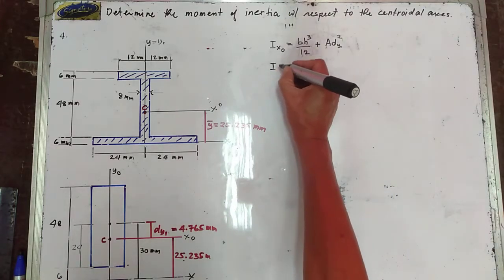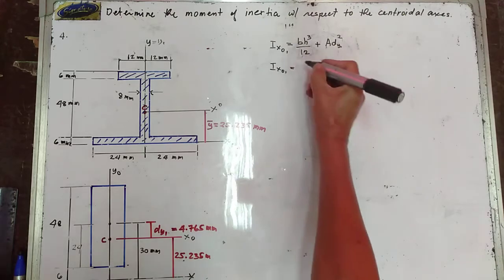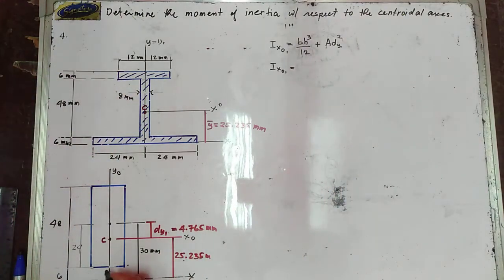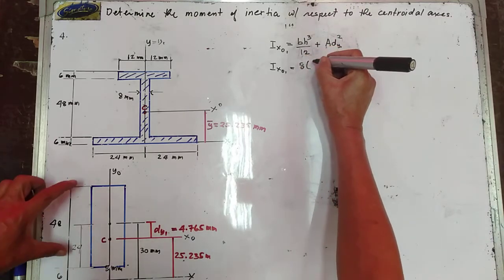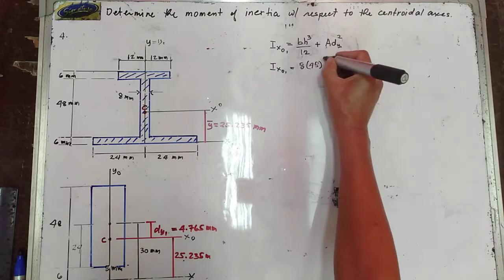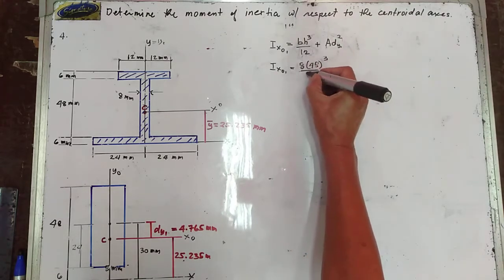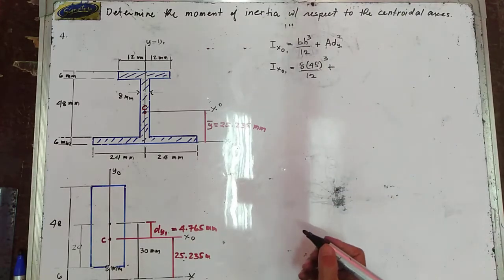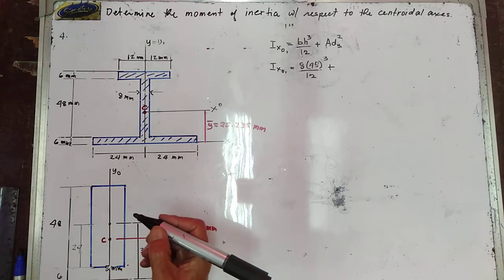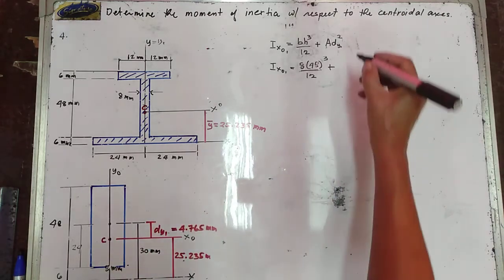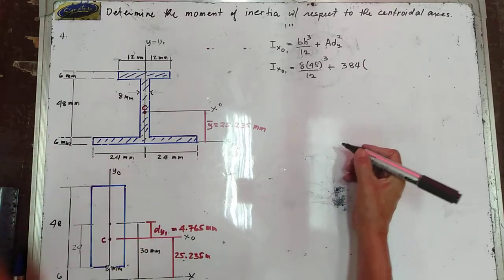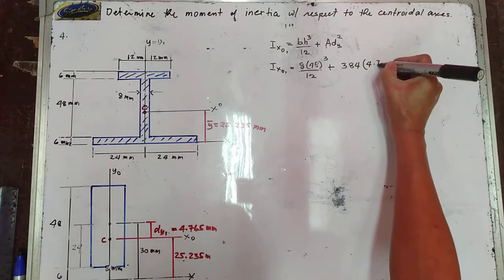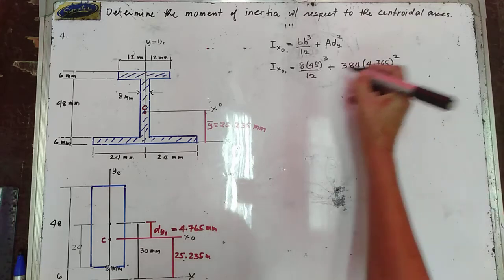So your IXO1 is now equal to b is 8 millimeter, so we have 8 by 48 cubed all over 12, plus your area 1 is equal to 384, multiplied by dy1, 4.765 squared.